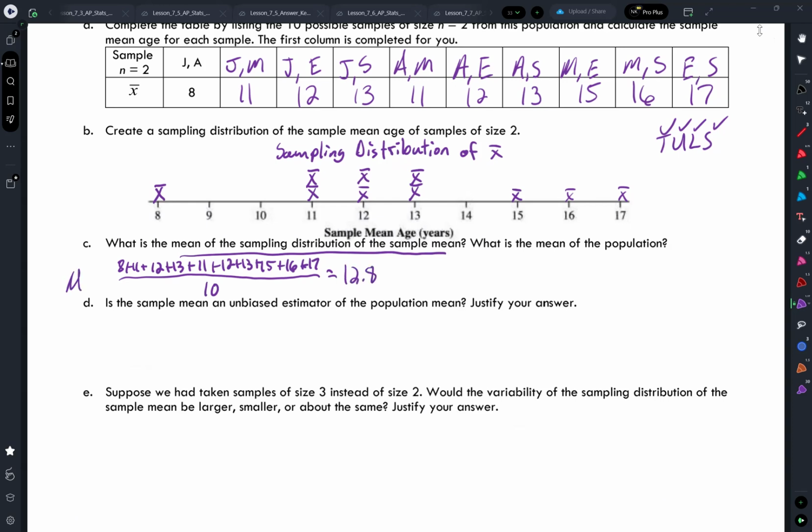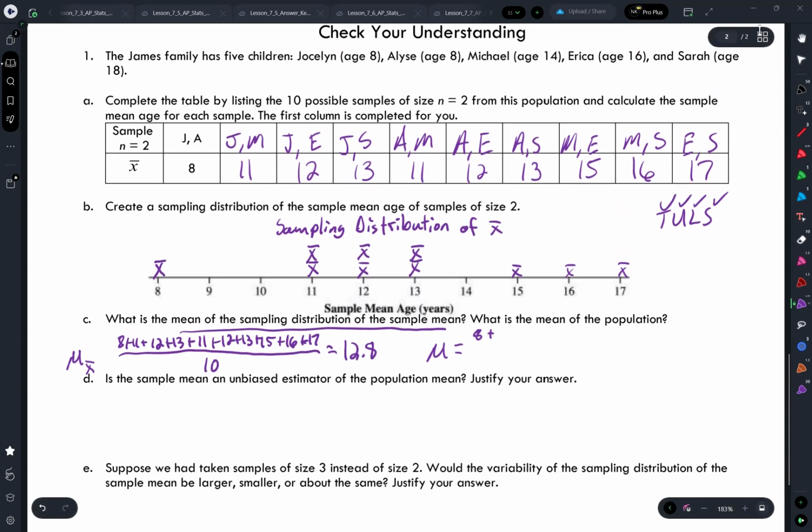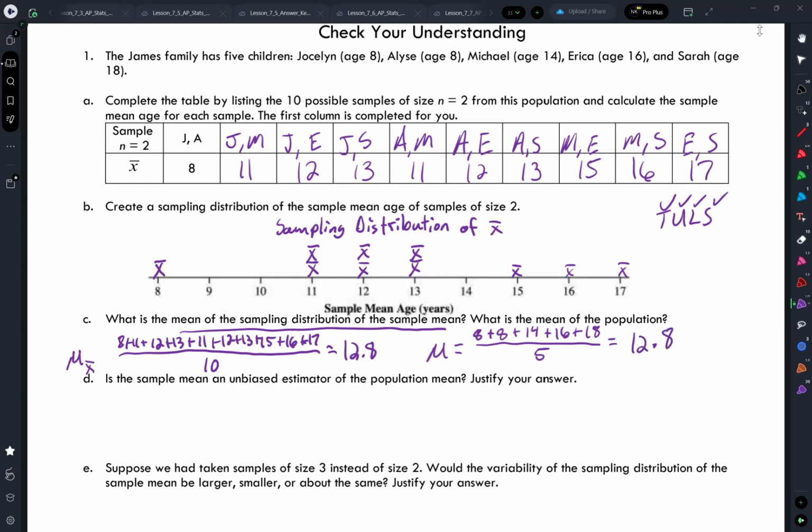So this would be the average. Notice I'm using mu because it is a population. It's the population mean of all the sample means. Whereas the population mean, again, notice I'm using mu because I am dealing with a population: Jocelyn, Elise, Michael, Erica, and Sarah. That is also 12.8 years.